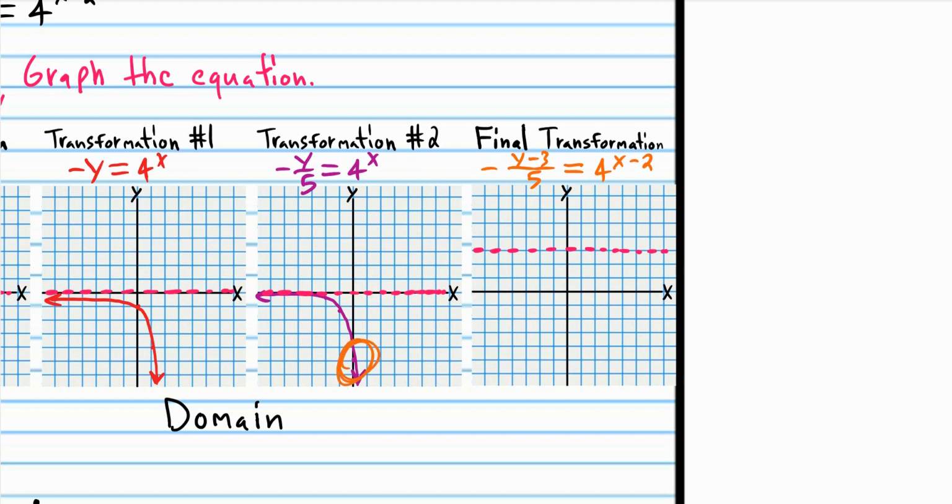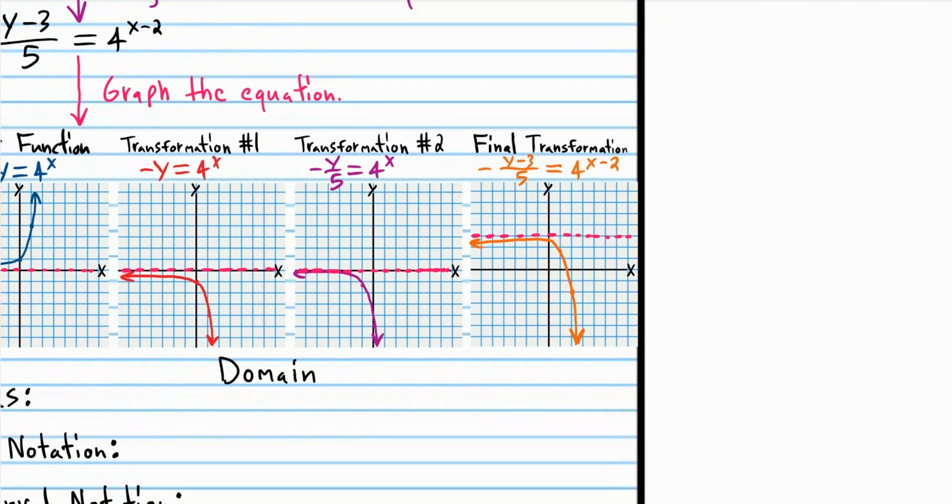So this point is 0, -5, so that's going to move 2 units to the right and 1, 2, 3 up. And this point is -1, -5/4. That's going to move 1, 2 to the right and 1, 2, 3 up. And then we can just use the relative location of that point to find the other point.